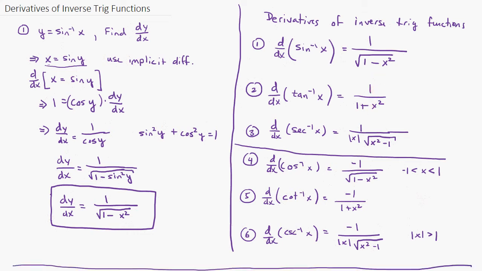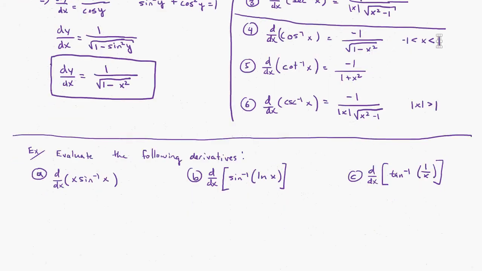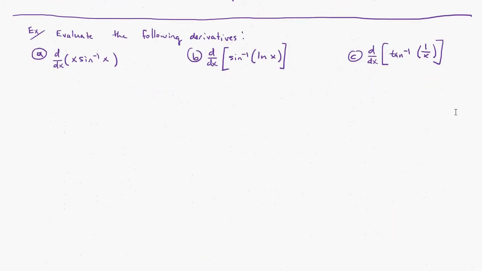Okay, so let's look at some examples of computing derivatives involving inverse trig functions. Let's try to compute these three derivatives. Let's look at the first one. This function is x times inverse sine of x.